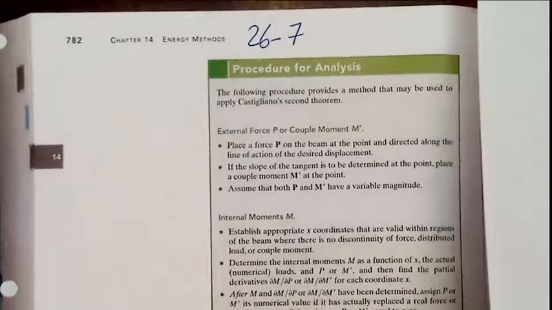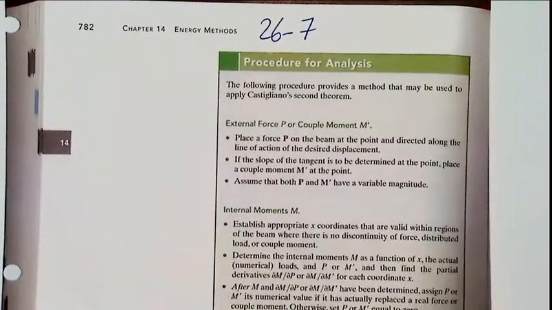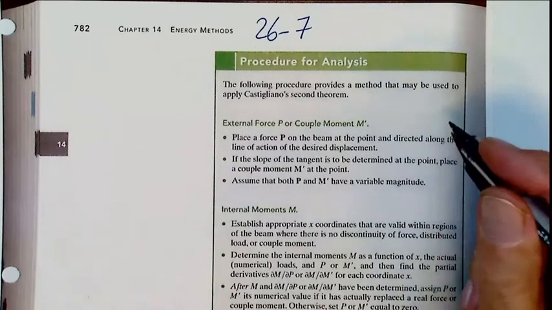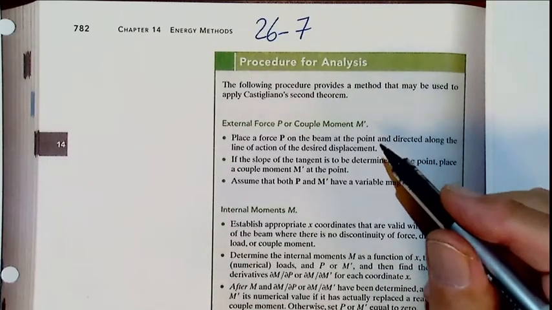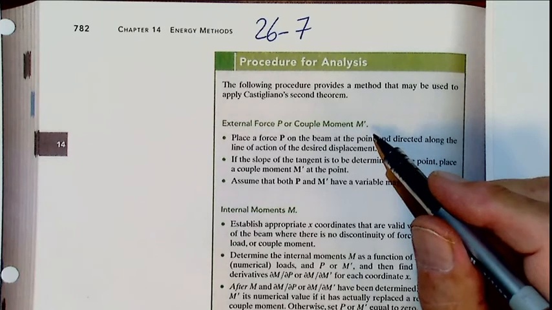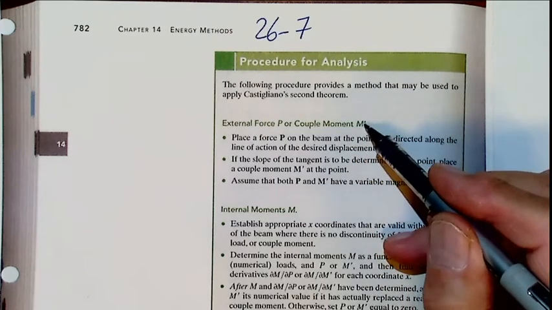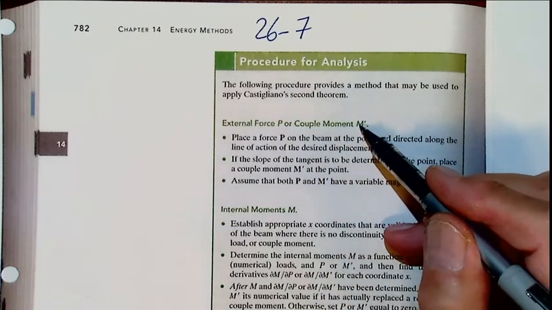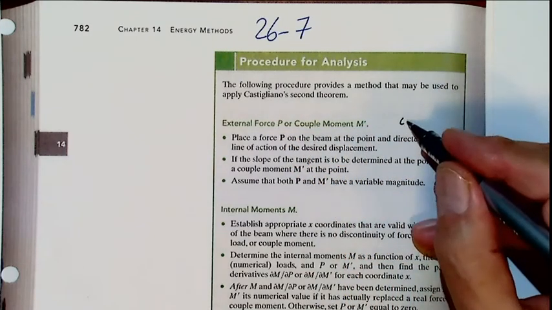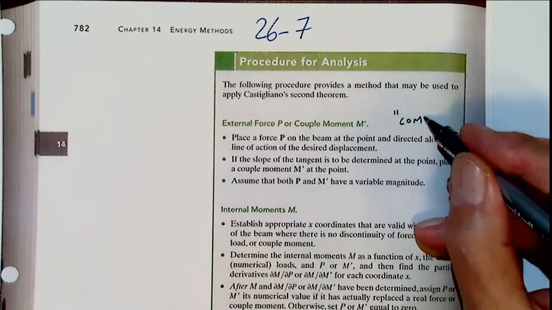So I will consider the procedure for analysis. Okay, this procedure is important because it tells us what should be done. External force P or couple moment M prime: these are additional things that we are introducing. We are complicating, as it were.